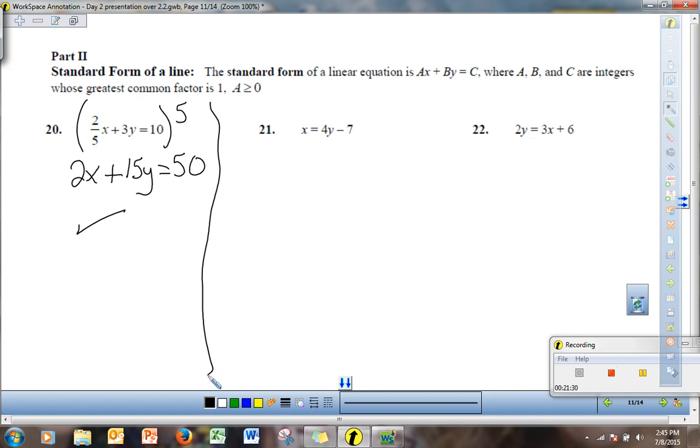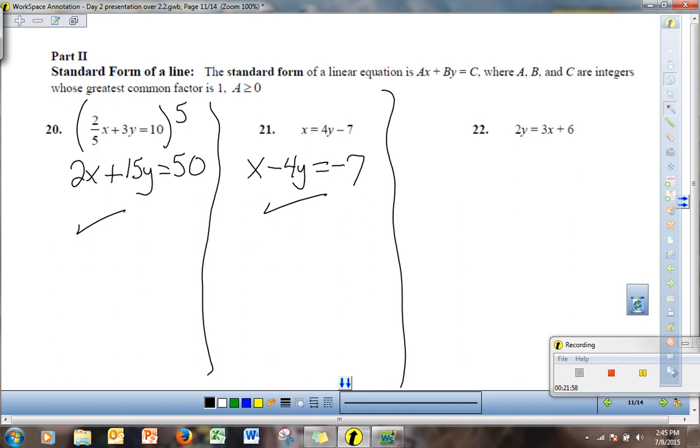Looks like I got 2 more of these. I got x equal 4y minus 7. Move the 4y over, so I've got x minus 4y equal negative 7. Man, I wasn't trying to get soft on us, but we're done again. The x is first. The a value is positive. There's no fractions. There's no decimals. So, bam, we're done again.